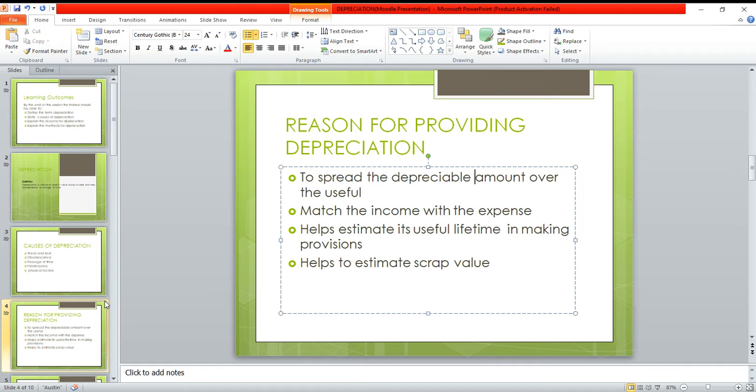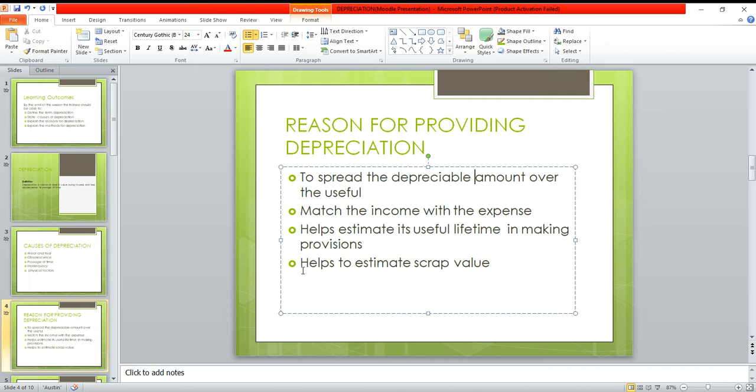Another one is to match the income with the expenses, because depreciation has to be factored in when you are preparing the income statement of every year, so that the net profit should not be overstated.